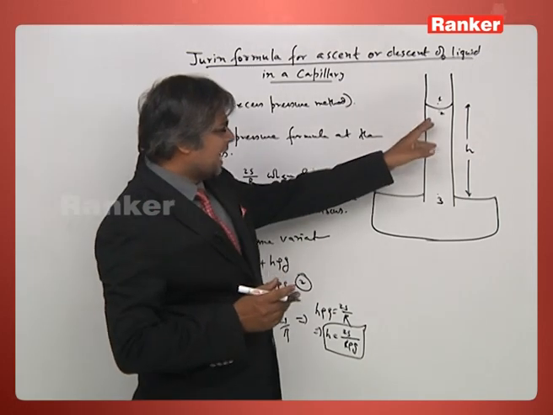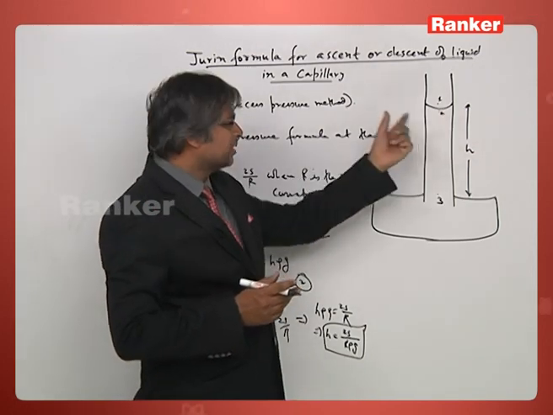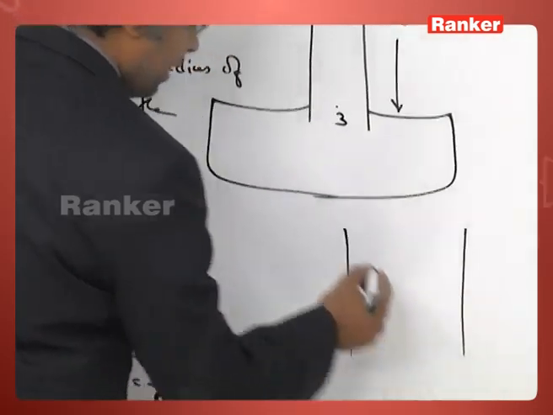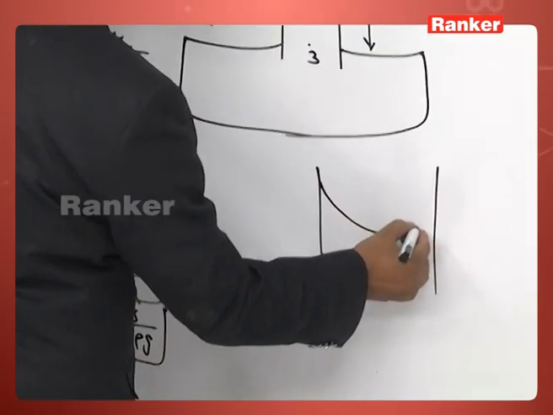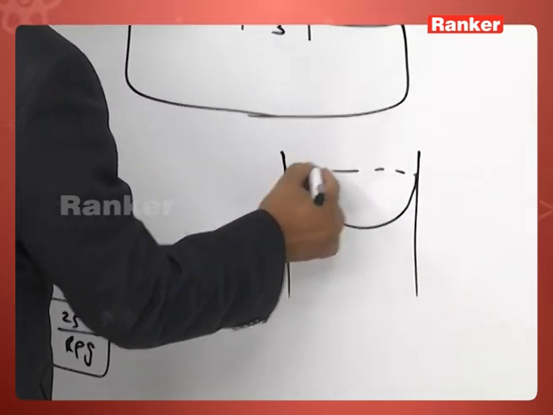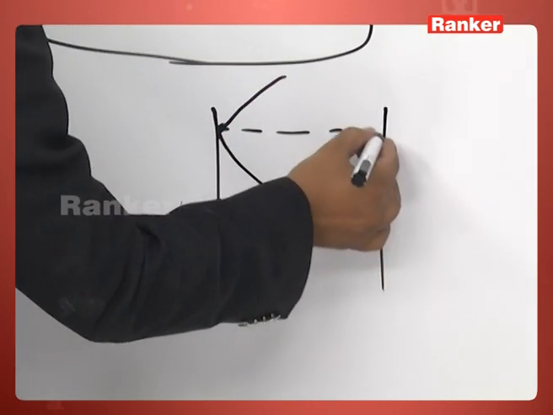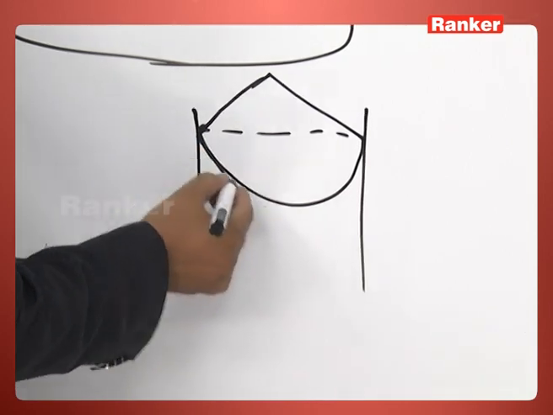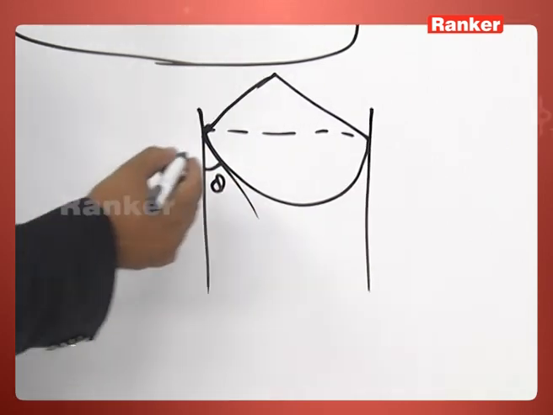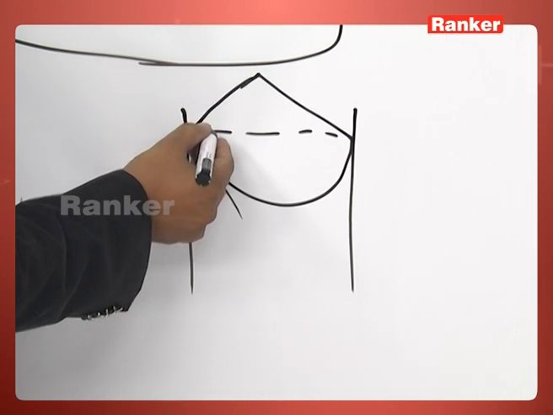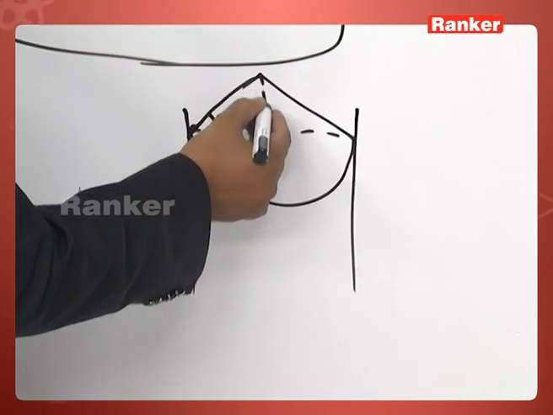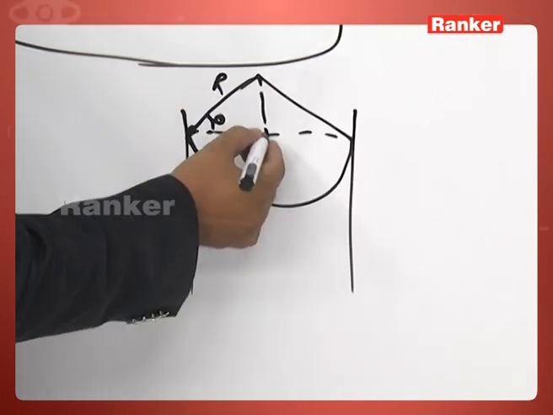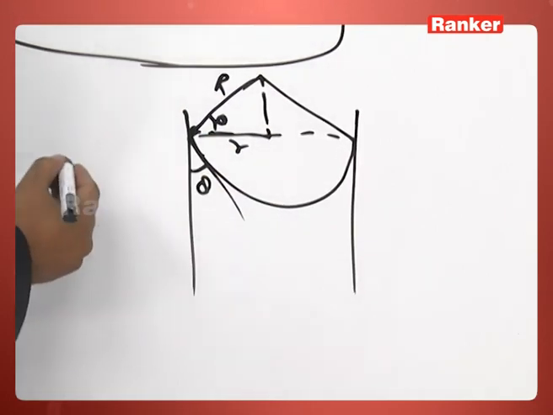Now, let us relate the radius of curvature of the meniscus with the radius of the capillary. This is the capillary and suppose this is the radius of curvature. If I draw the tangent here and here, you can see this angle is theta, the angle of contact. This is 90 minus theta, so this is again theta. This is the radius of curvature of the meniscus and this is the radius of the capillary.